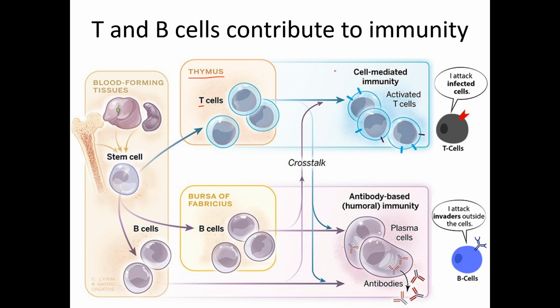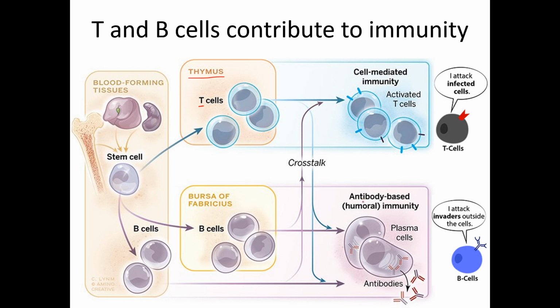The T cells are involved in what's called cell-mediated immunity, meaning that they're directly involved in attacking cells. T cells are attacking infected cells, our own cells that have been infected. Whereas B cells are involved in antibody-based immunity, also called humoral immunity.